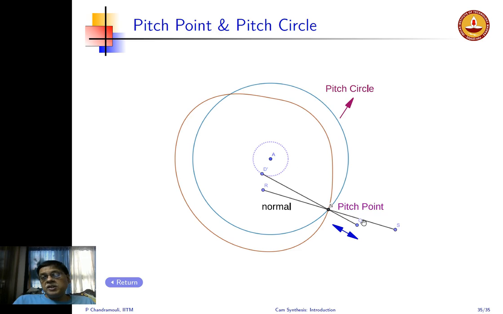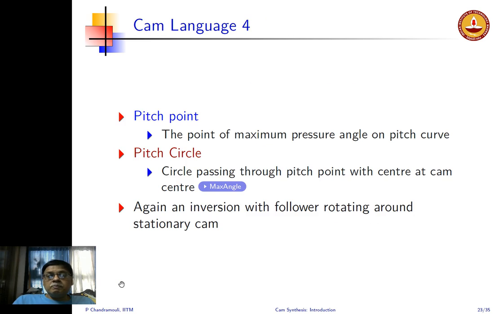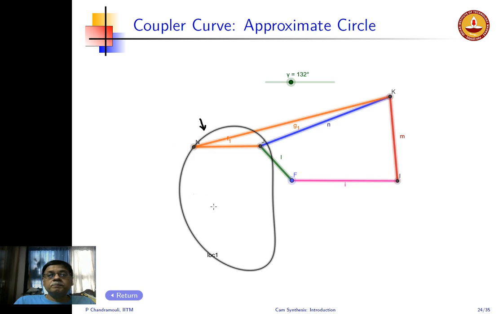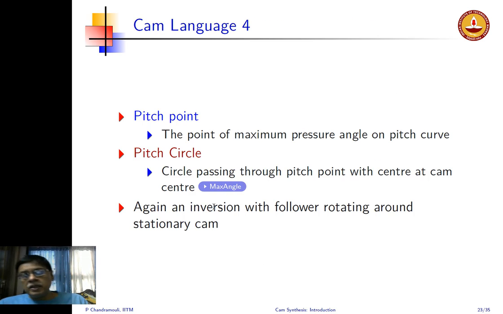So let's visualize this: the point here is where the pressure angle is maximum, therefore that is called the pitch point. Now from here we draw a circle, which is called the pitch circle. So we have the pitch point and the pitch circle, which are associated with the pressure angle.